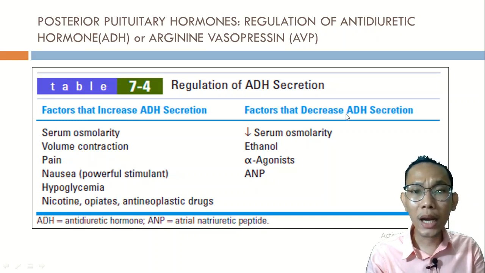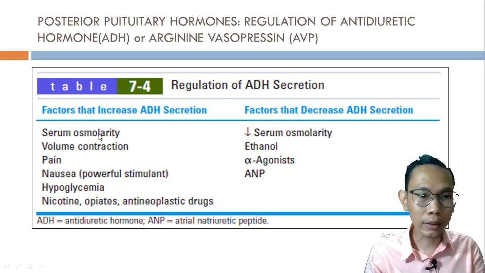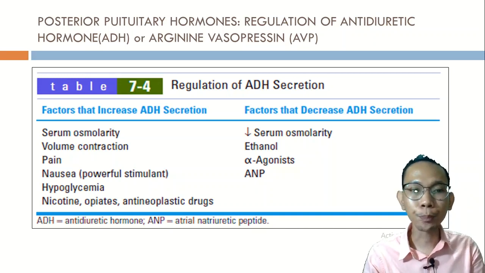Factors that decrease your antidiuretic hormone: decreased serum osmolarity, ethanol, alpha agonists, and your ANP. Remember that the most potent regulator that will stimulate or inhibit your vasopressin is your serum osmolarity, whether increased or low. Your serum osmolarity is the most potent stimulus for the release or inhibition of your antidiuretic hormone.